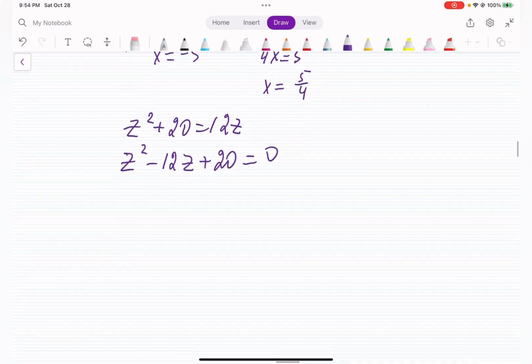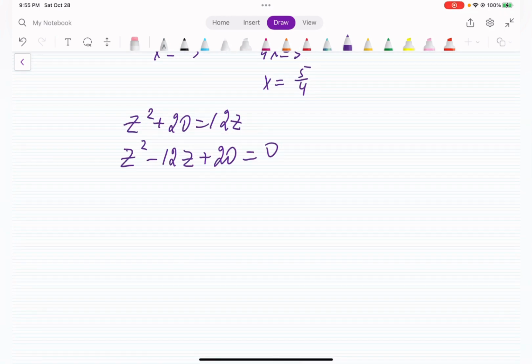And now we can FOIL it. Well, perfect square I will not get because no number squared gives me 20. So let me try to FOIL. Let me see which one I can FOIL. So I would say negative 10, negative 2, right? Negative 10, negative 2.